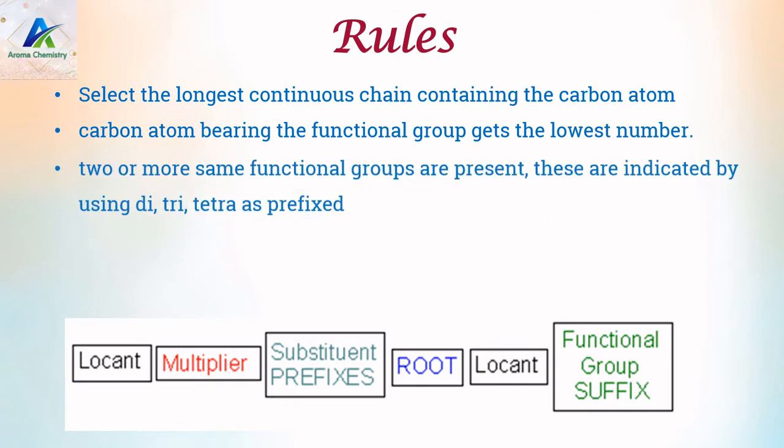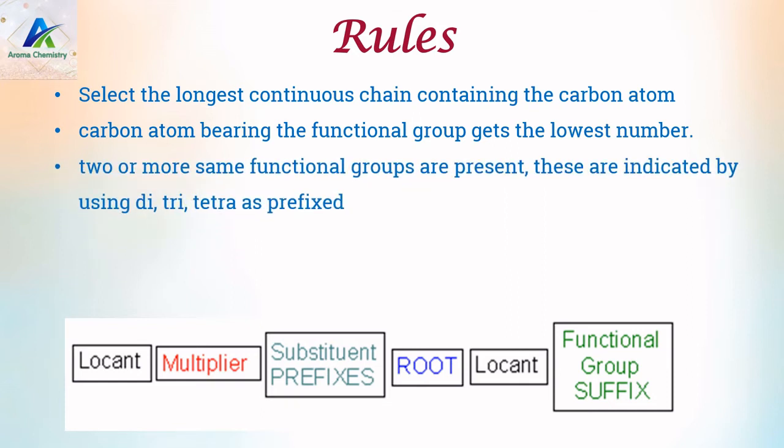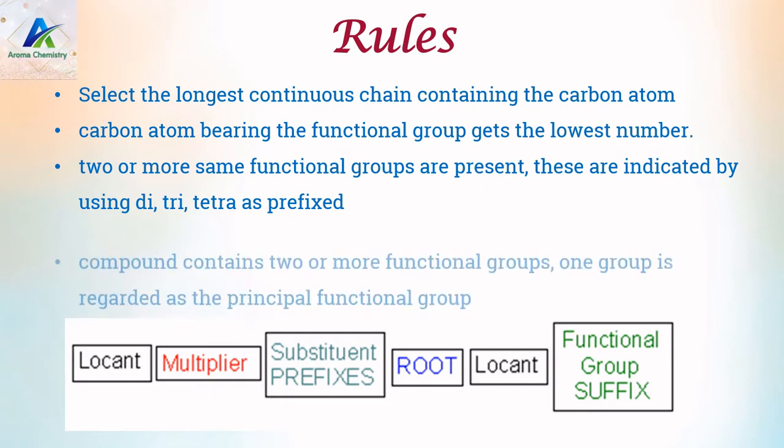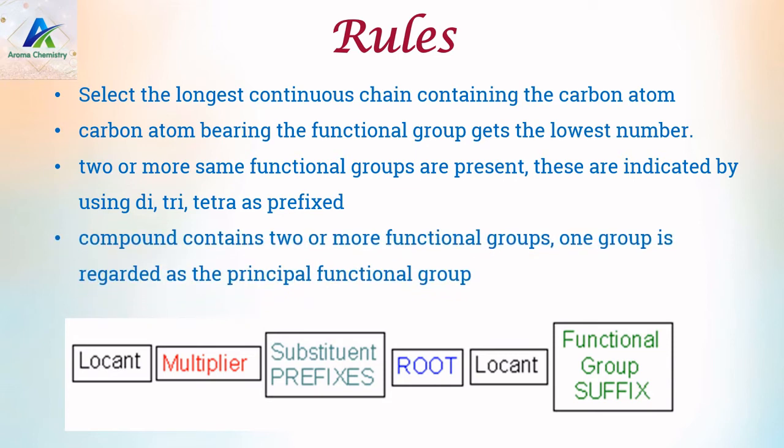If two or more same functional groups are present, these are indicated by using di, tri, tetra as prefixes to the names of the functional group. If the organic compound contains a functional group, multiple bonds, side chains, or substituents, the following order of preference must be followed.